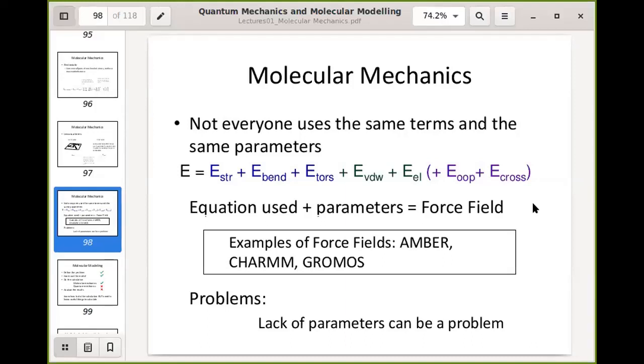The lack of parameters can be a problem, because I don't think any software has a list for all 92 elements times everything they could be bonded to. But parameters are available for common systems. Certainly with proteins, parameters are very, very well characterized and available.